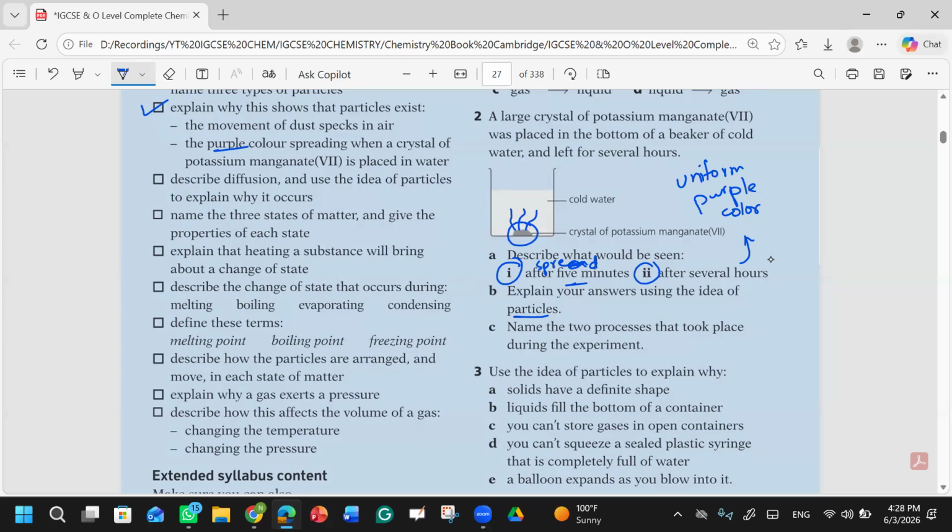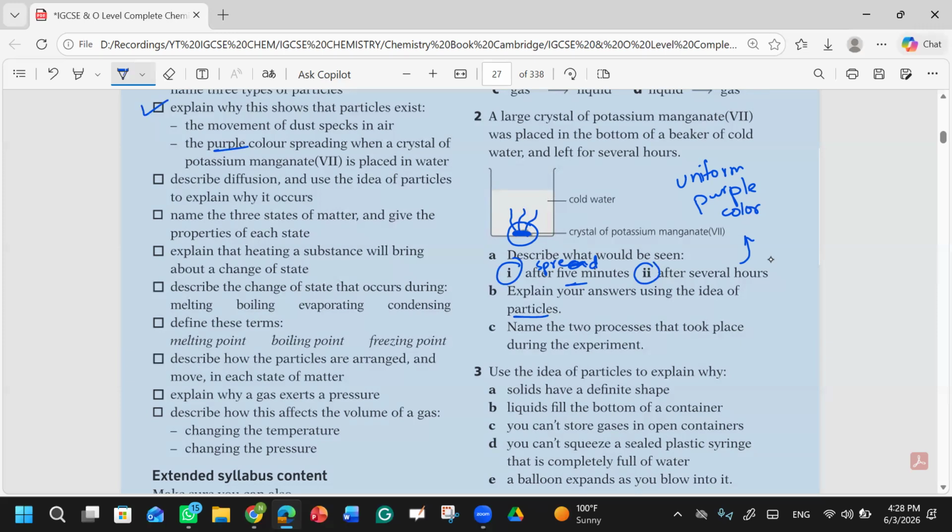What we can say in terms of particles is that initially the particles are condensed in this region. The crystals of potassium manganate in the bottom of the beaker are dense, condensed, their concentration is more, right?